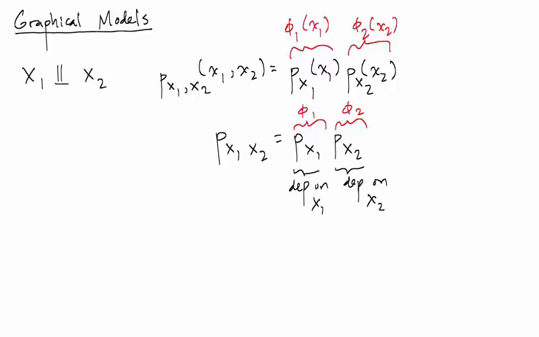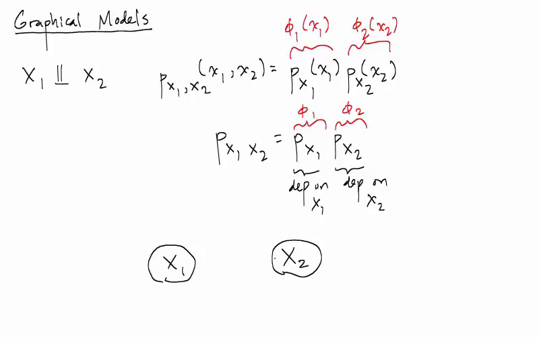Alright, so the next thing is looking at how to actually draw a graphical representation here. What we're going to do is write x1, so random variable x1, and draw a circle around it, and then write random variable x2 and draw a circle around it. These circles represent random variables, and note that the x1 and x2 circles are isolated.